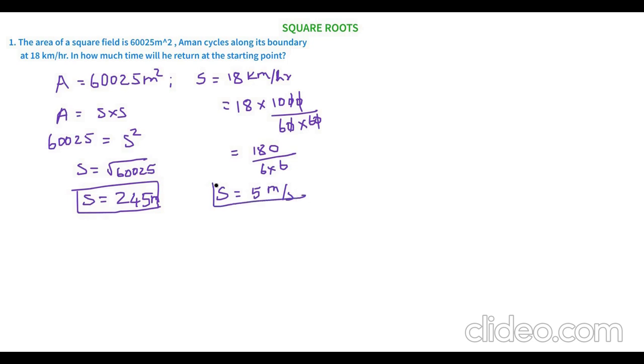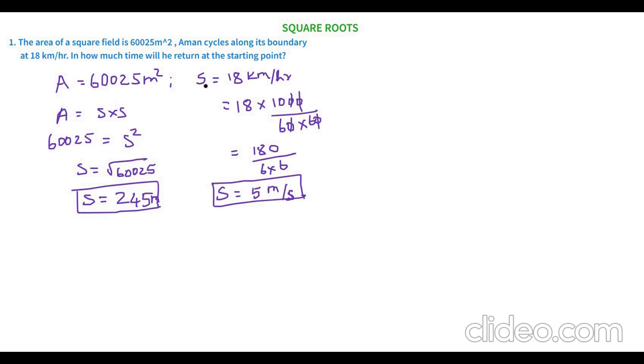Isn't it easy to convert kilometers to meters? We have found how much his speed was in meters per second. So now we have the side is 245 meters and the speed is 5 meters per second. Both are now in the same unit, right? Now the question is, how much time will it take to return to the starting point?